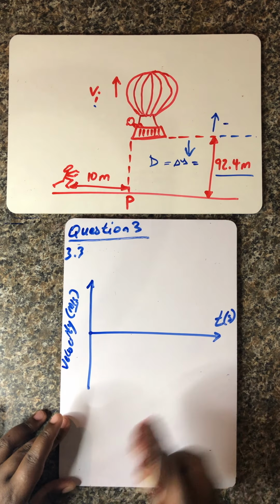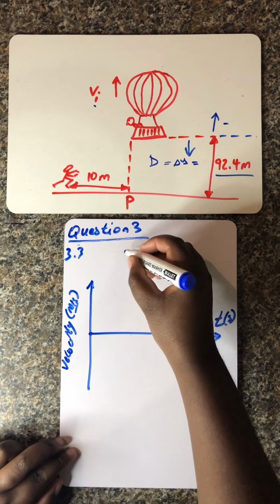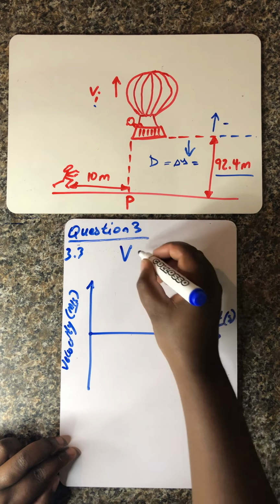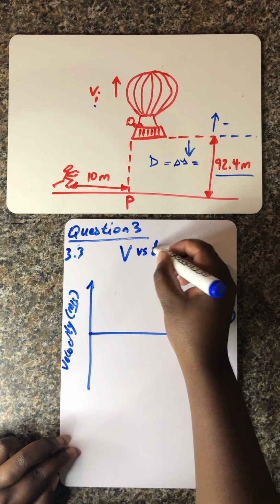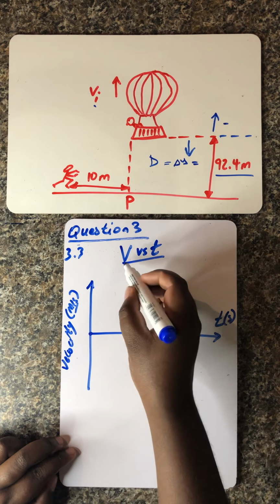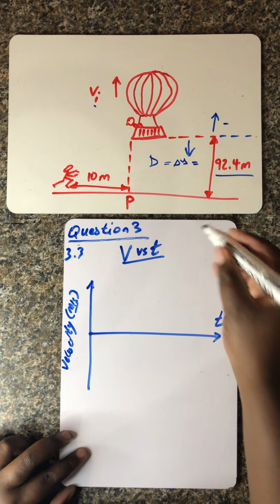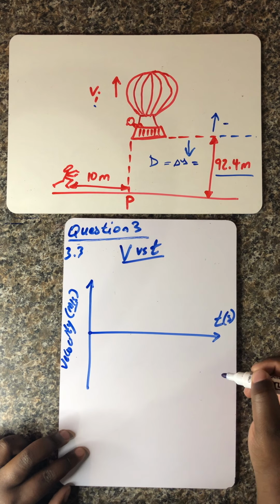Okay, I'm not sure if you understand, ladies and gentlemen, but I assume you do, because you fully understand what is meant by a vector and a scalar quantity. So that means we're actually drawing a graph of velocity versus time, a vector versus a scalar. So guys, we need to make those assumptions.